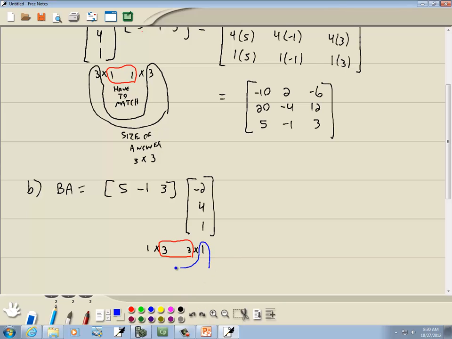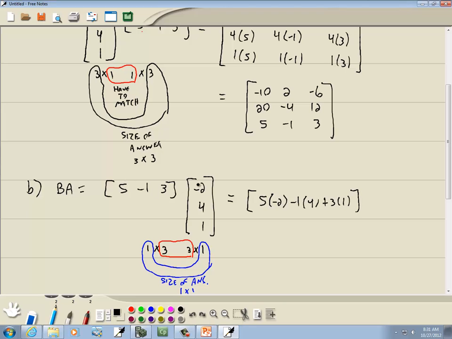These outer ones, I'll tell you, they're going to be the size of my answer. So our answer is going to be a 1 by 1, as weird as that seems. Well, let's take a look at this. I'm going to take this row times this column, which would be 5 times negative 2 minus 1 times 4 plus 3 times 1.